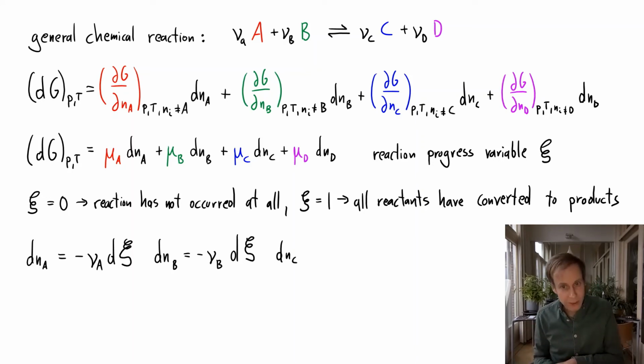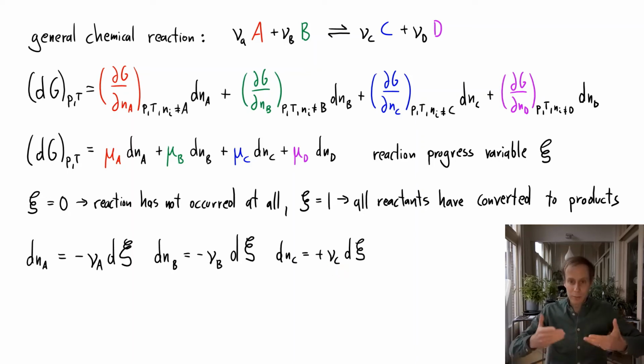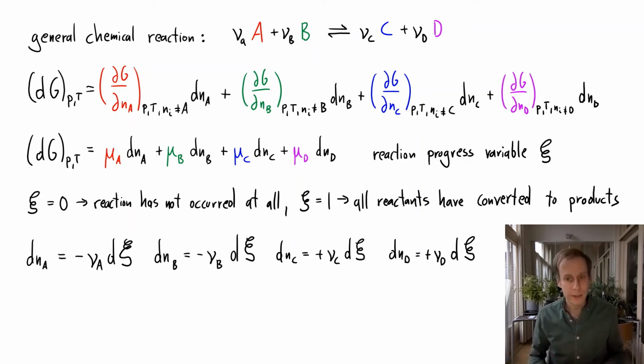But for the products, on the other hand, like C, we actually put a positive sign in front of the stoichiometric coefficient because the amount of products will increase as squiggle goes from 0 to 1, right? For C as well as for D, right? So since squiggle, our reaction progress variable, is always a positive number between 0 and 1, we have to introduce these signs here to account for whether it's a reactant or product, right?